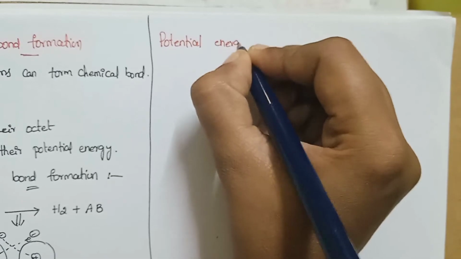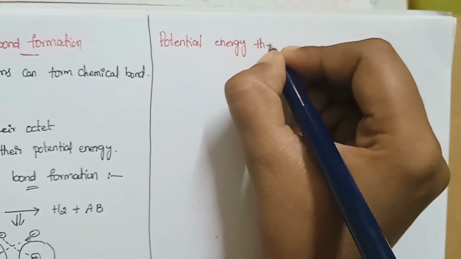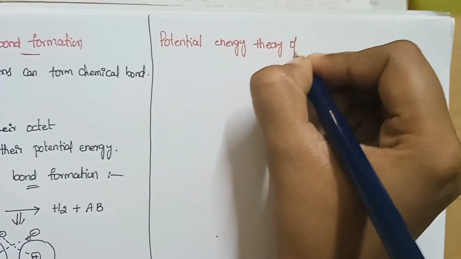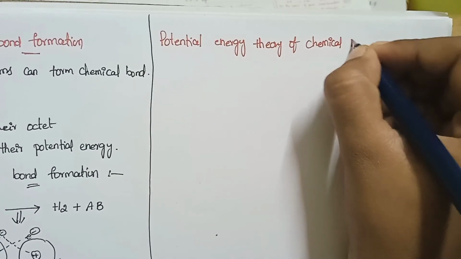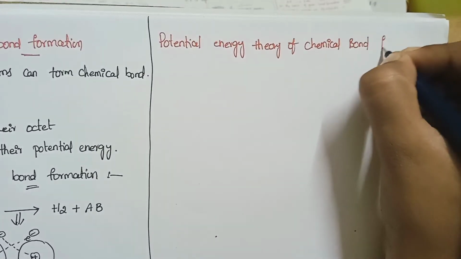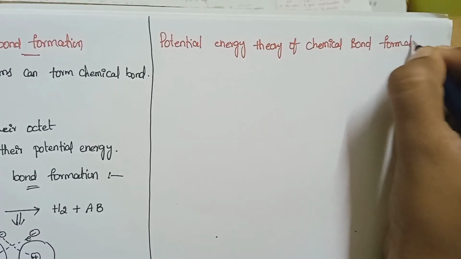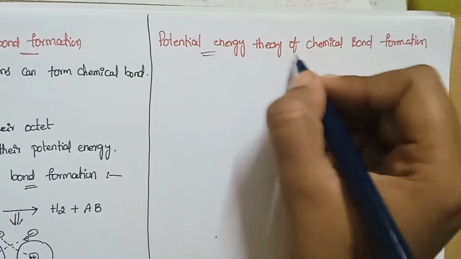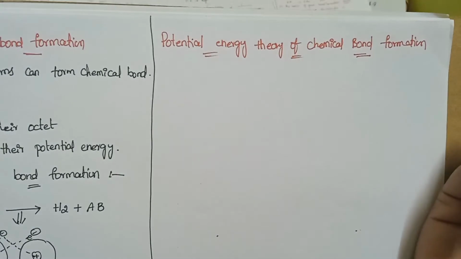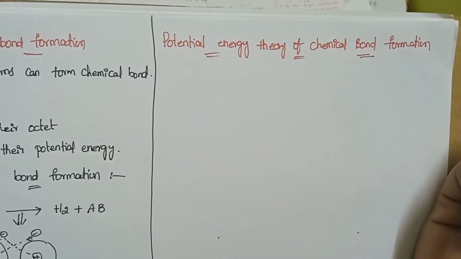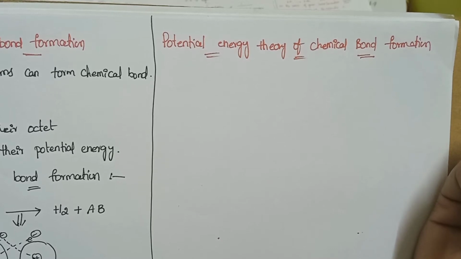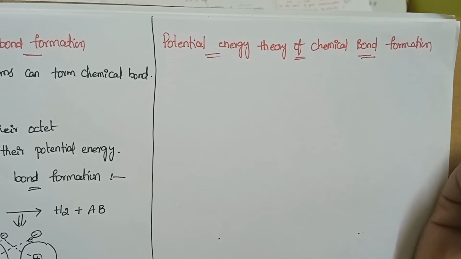The next one, potential energy theory of chemical bond formation. In this, it is the graph between internuclear distance and potential energy.